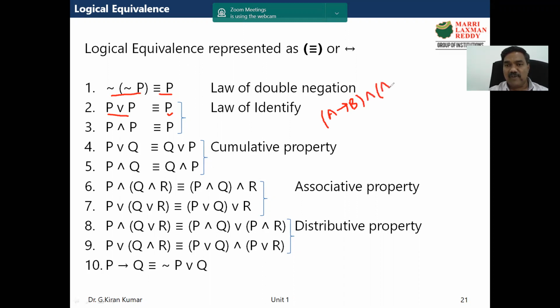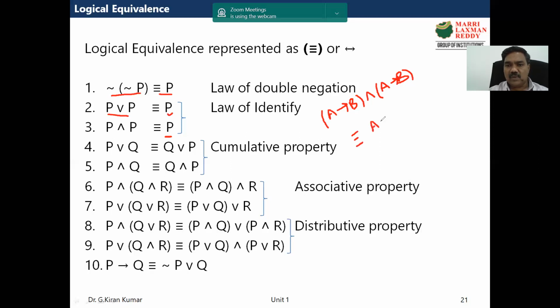So this can be simplified as what? As per the law of identity, a implies b and a implies b can be written as P and P, which is equivalent to P. Therefore, A implies B and A implies B is logically equivalent to A implies B.